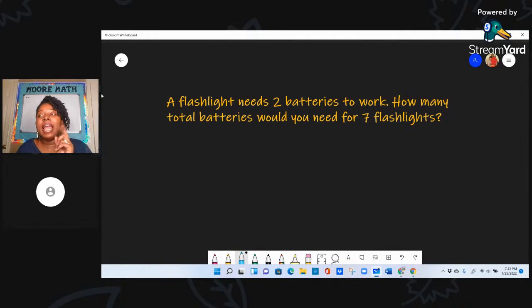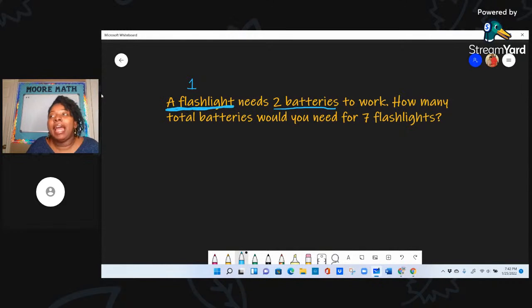So a flashlight, how many flashlights is that? 1, right? So we have 1 flashlight. And how many batteries does this 1 flashlight need? 2. Okay. So great job.